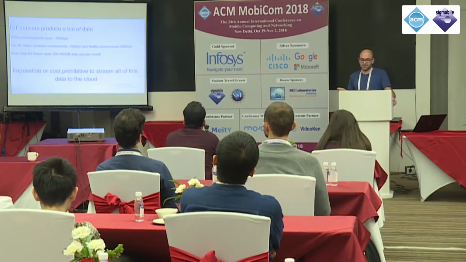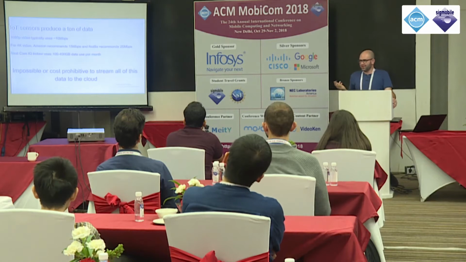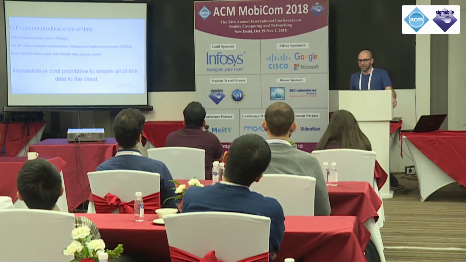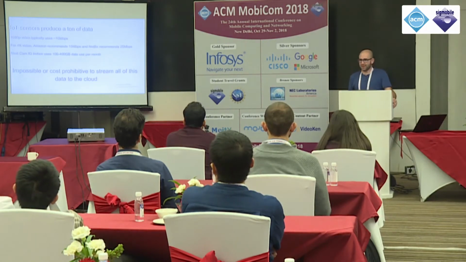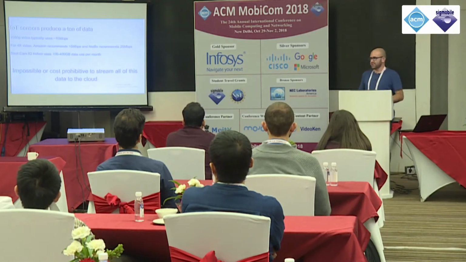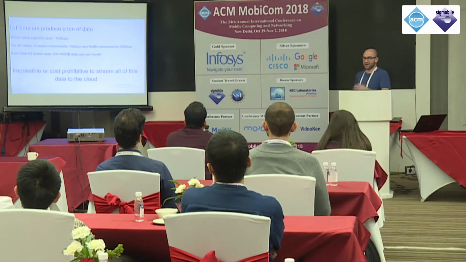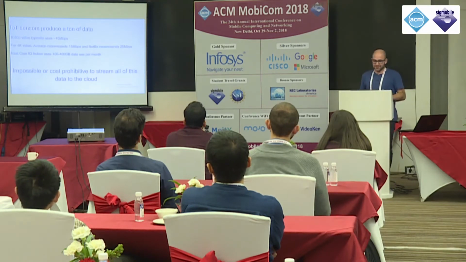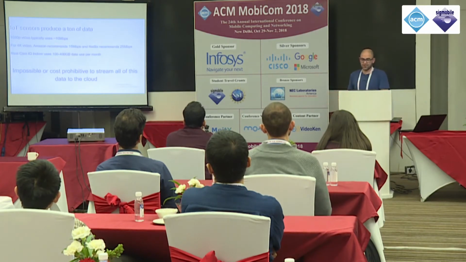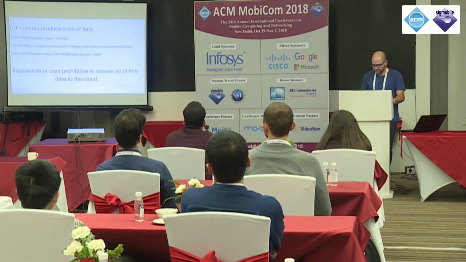The Nest Cam IQ says it uses anywhere between 100 and 400 gigabytes per month to stream this data. So that seems doable if you have an application that has one camera. But these days, people are thinking about larger applications that have thousands of cameras in use. And if you multiply any of these numbers by 1,000, you quickly see that it becomes either flat out impossible to stream that much data, or so cost prohibitive you wouldn't want to do it.